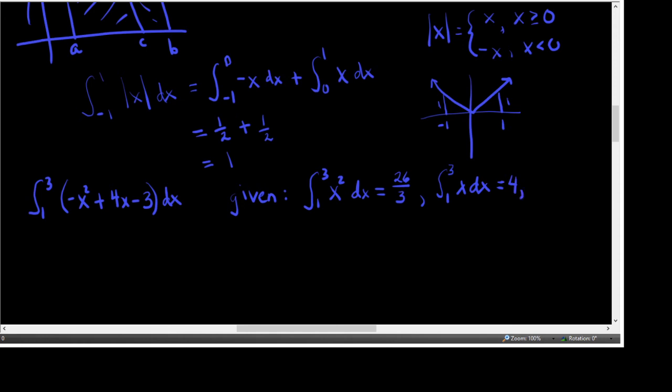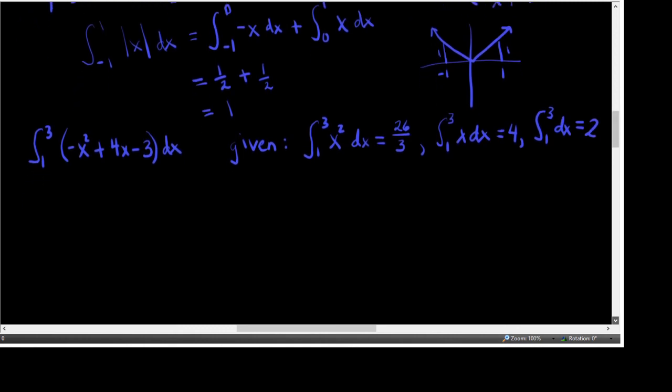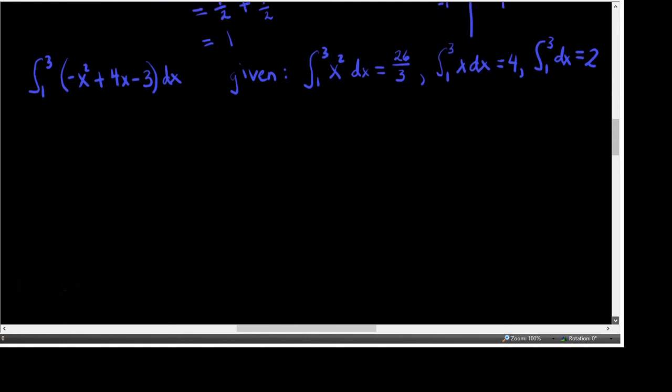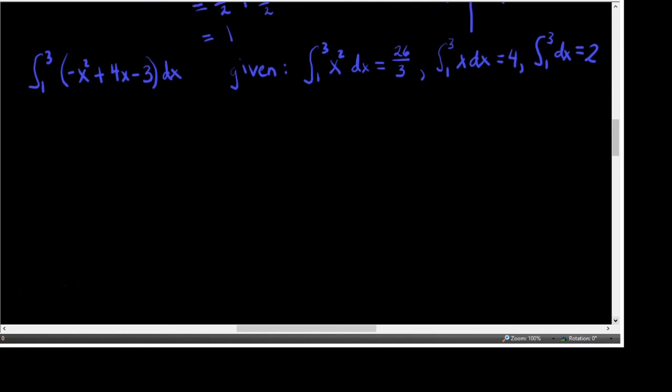And given that the integral from 1 to 3 of dx, so that implication there is it's 1 dx, that integral is 2. All right, so I've given you all those. And sometimes this is the way the problem will be stated to see if you know the properties or not. So what you're going to have to do is employ the property where the sums and differences can be split up into various integrals.